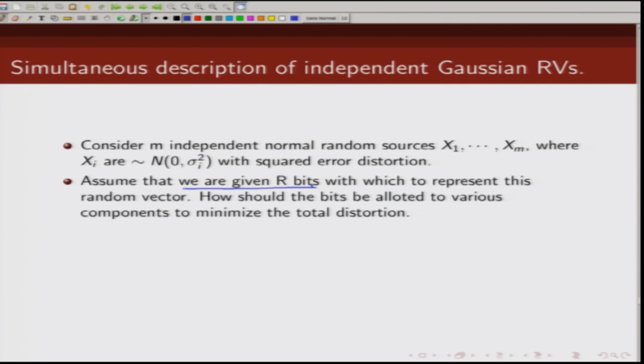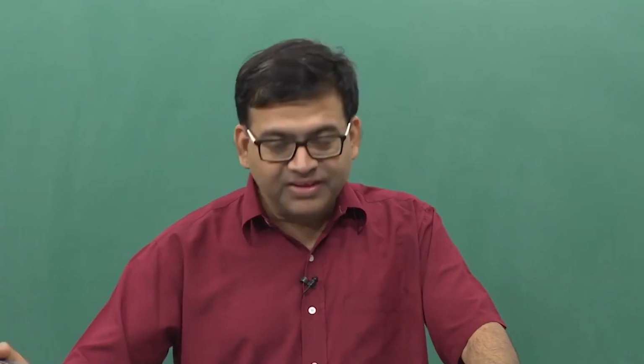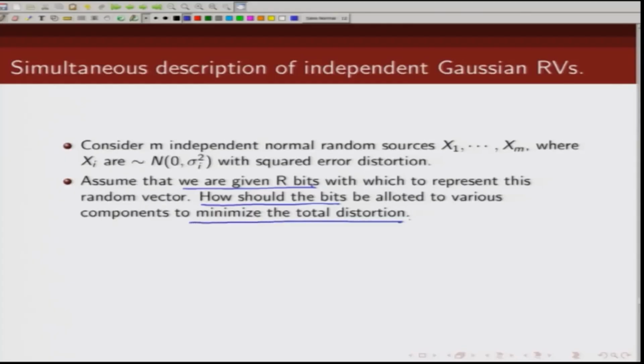Now the question that we are asking is how many bits we should be allocating to each of these components. So how many bits should be allocated to x1, how many bits to x2, how many bits to x m, such that we minimize the total distortion. So again I repeat, we have m independent Gaussian sources which we are denoting by x1, x2, x3, up to x m.